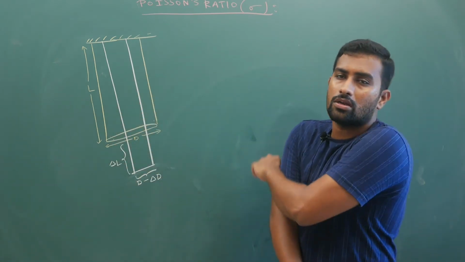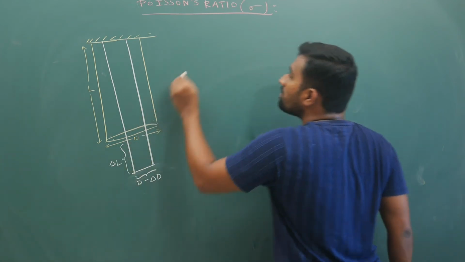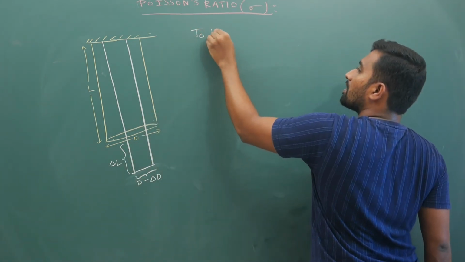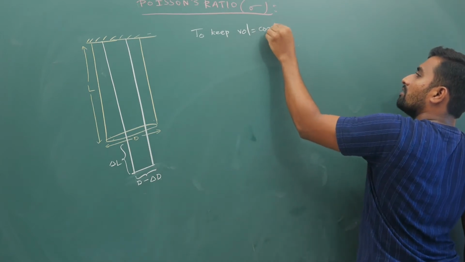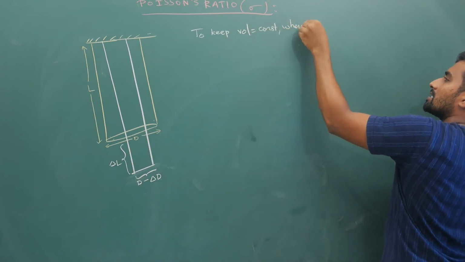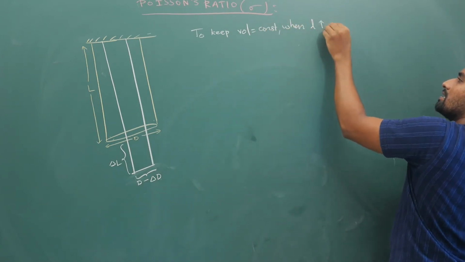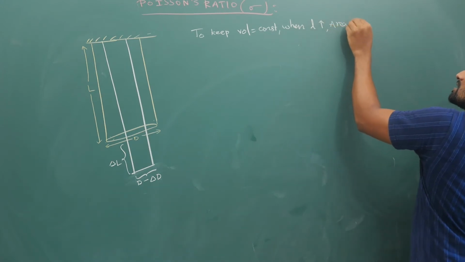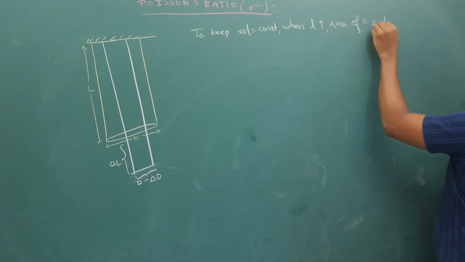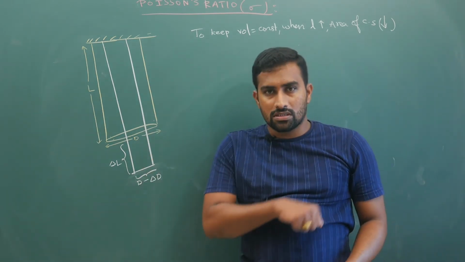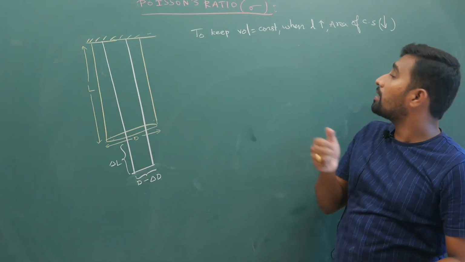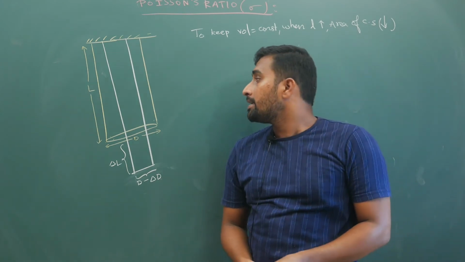Now to keep volume constant, when length increases, area of cross section decreases.